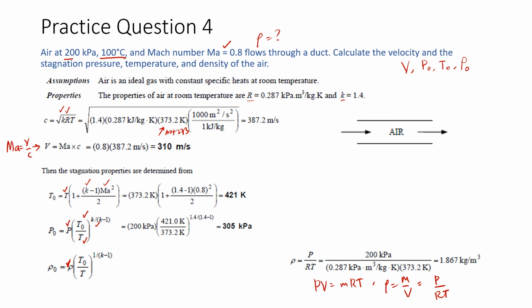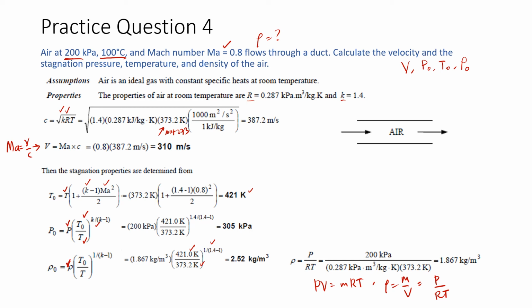P is 200 as given in the question. R is the gas constant, T is the given temperature in Kelvin, so 273 plus 100. So get the density of air and put it into this equation. This is your T naught that you get from here. This is the given temperature, K, and then you get the stagnation density.